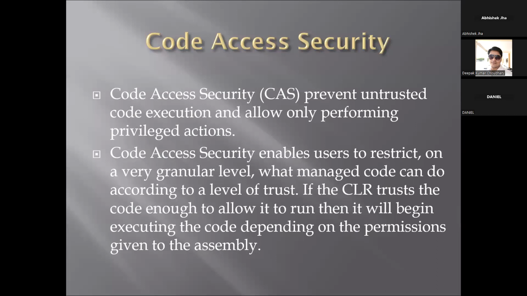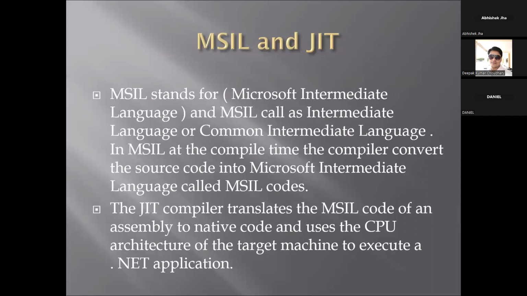Okay. So now the next part is MSIL and JIT. If anybody asks you about C# and what CLR is, very frankly you can say, if you are talking about CLR, that means CLR is a compiling environment, it's not a compiler.